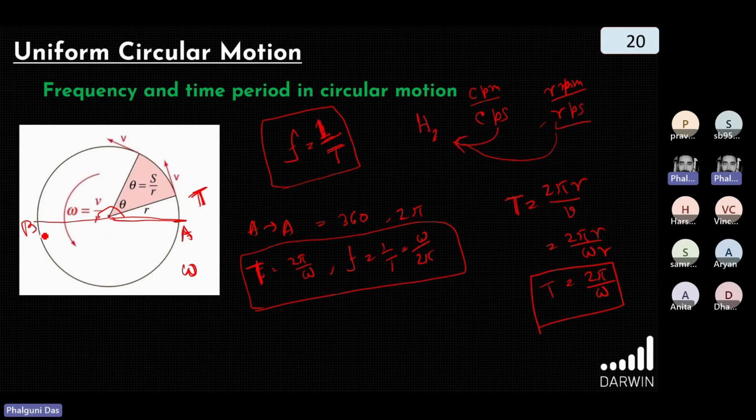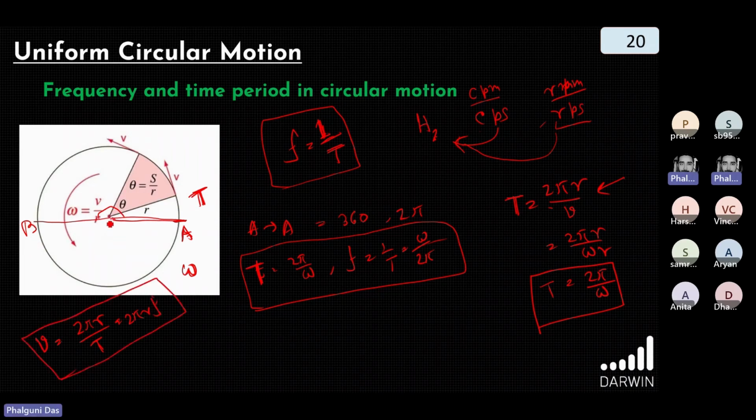The first thing we have seen is v, the velocity or linear speed. From this expression, we can write it as 2 pi r by T. Now 1 by T is simply f, so we can write it as 2 pi r f, where f is the frequency.